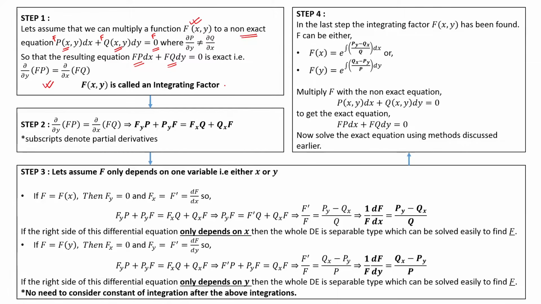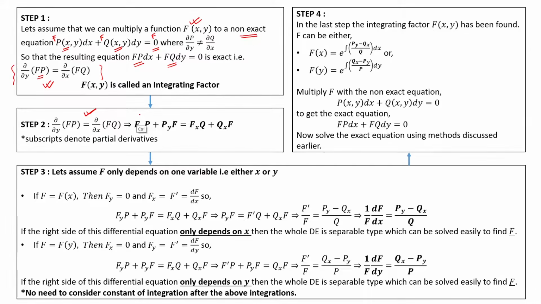So what is the integrating factor? Integrating factor is a function of x and y such that if we multiply that integrating factor to a non-exact differential equation, it reduces into an exact differential equation. So now we have ∂/∂y of FP equal to ∂/∂x of FQ, which has been written here.